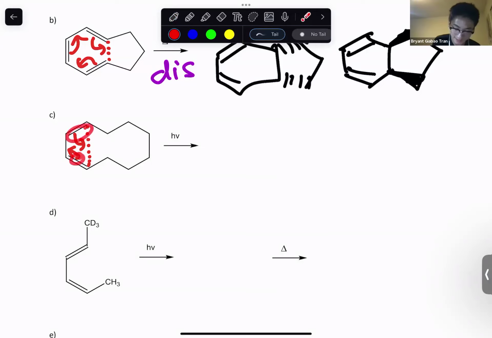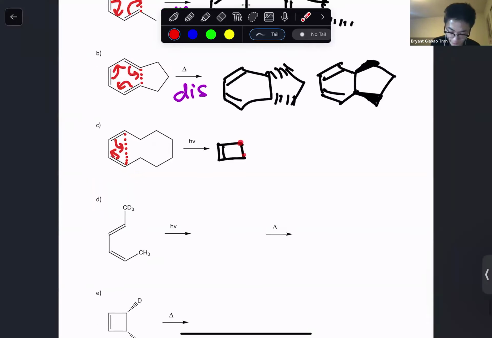That's right. And the other ring is a 1, 2, 3, 4, 5... wait, it doesn't start there. It's actually going to start here, the other ring. 1, 2, 3, 4, 5, 6, 7, 8 membered ring. But we don't know if it's going to be wedge or dash on this sp3 carbon right here.